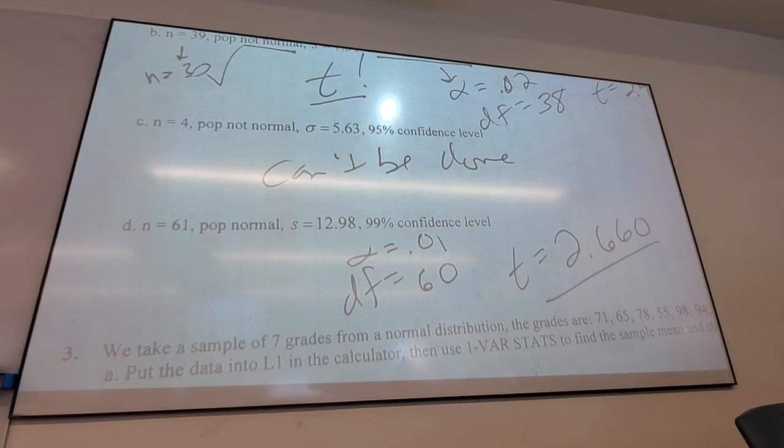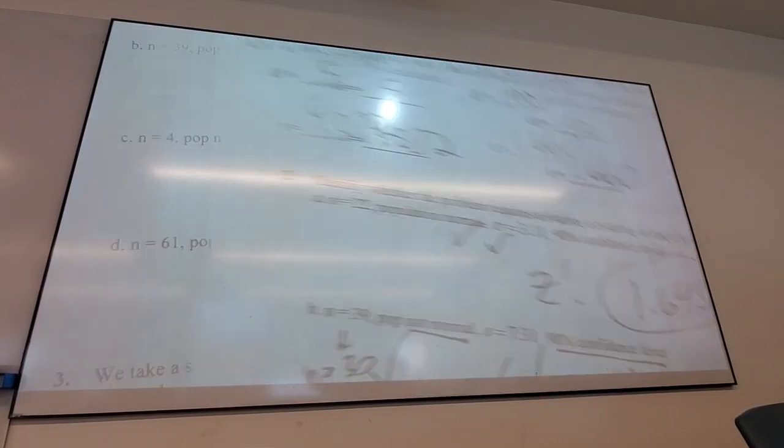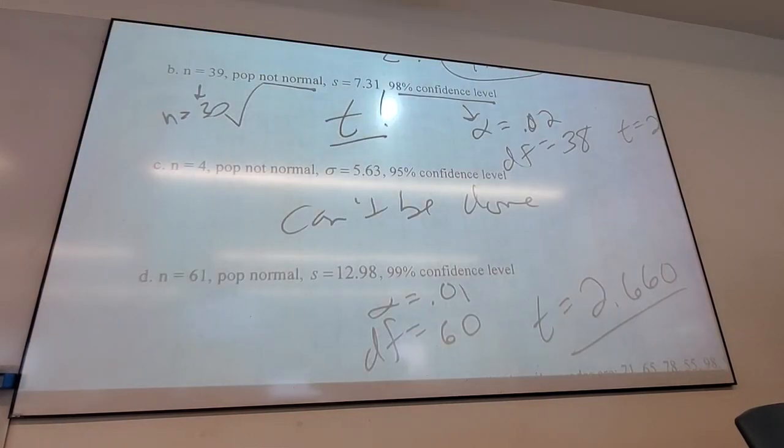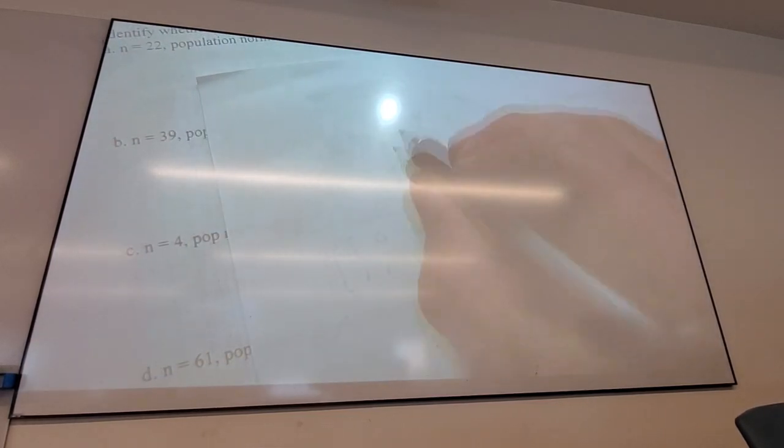So we really didn't learn a new formula, we just learned a different number to put in instead of Z. It's really the same formula. So here are the 3 confidence interval formulas that we know. The first one we learned was this one.